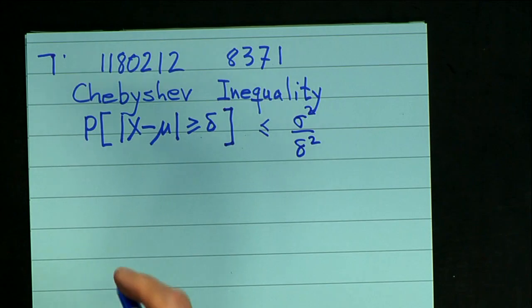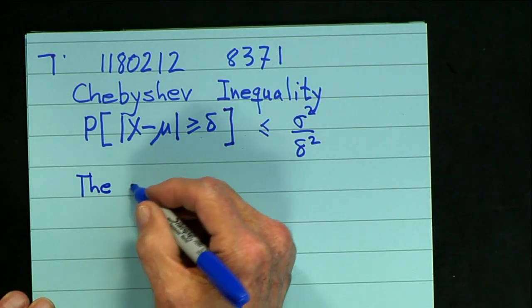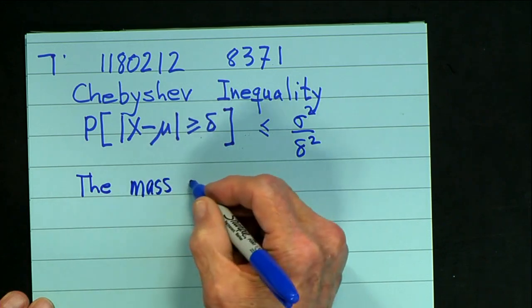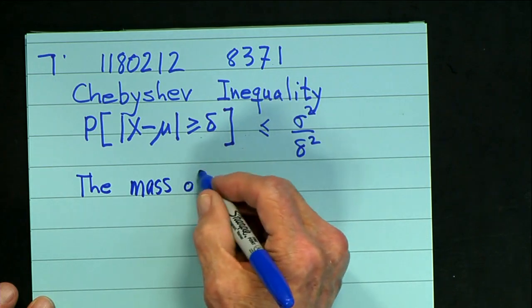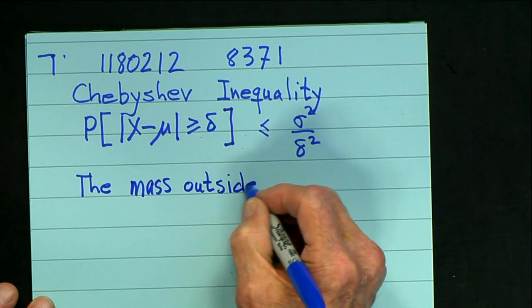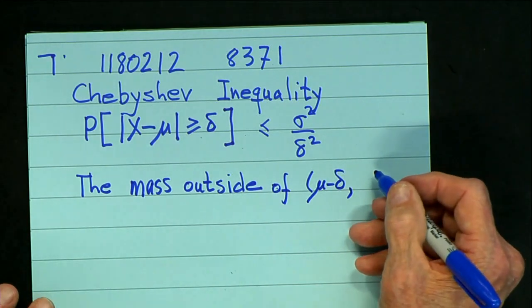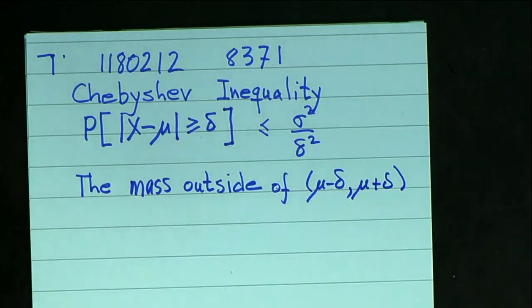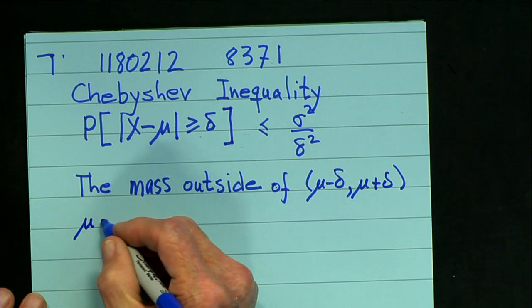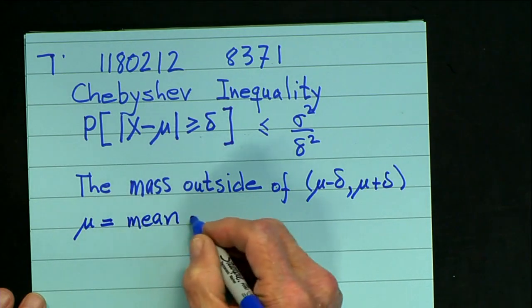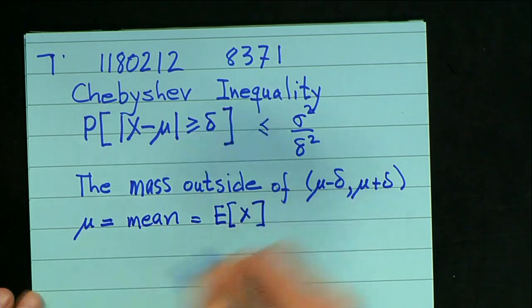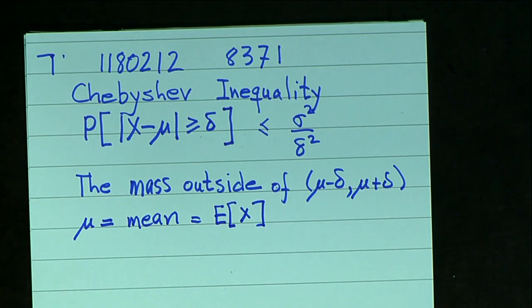What that says is the mass outside of mu minus delta and mu plus delta, mu being the average, the expected value of the random variable x, is less than sigma squared over delta squared.